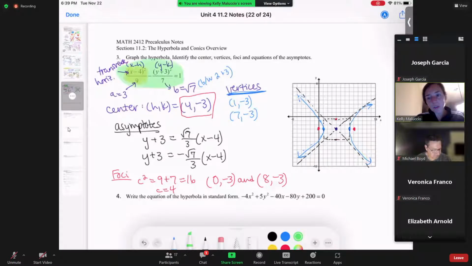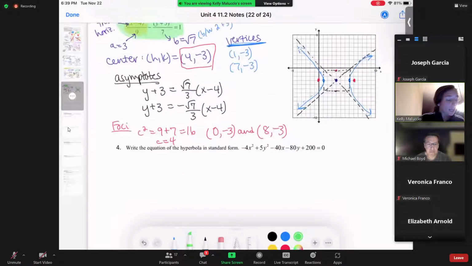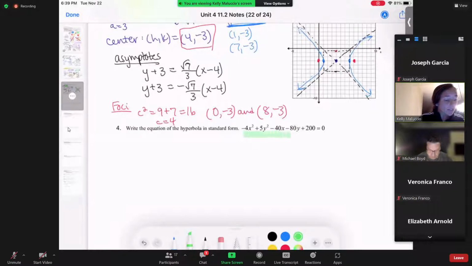I don't remember if we talked about this last time, but maybe we did last week. So this would be standard form of a hyperbola. Now, this is also a hyperbola, this equation that they gave us, but it is not in standard form. So the directions here are: write the equation in standard form.